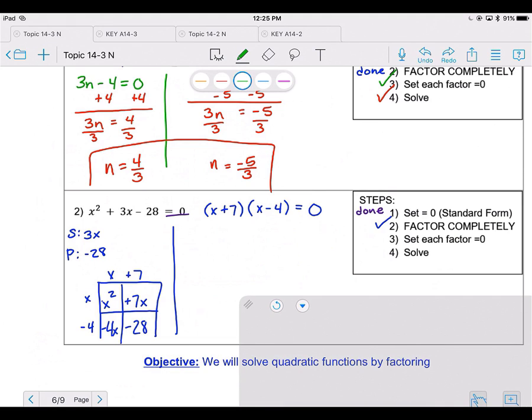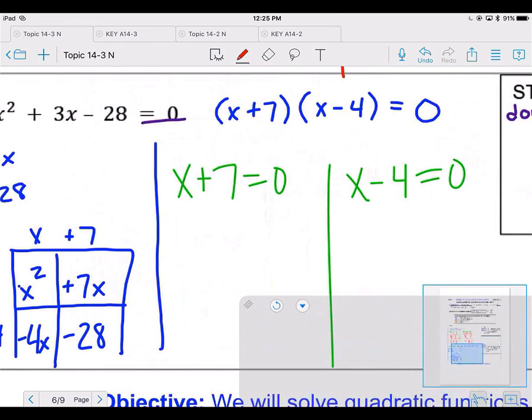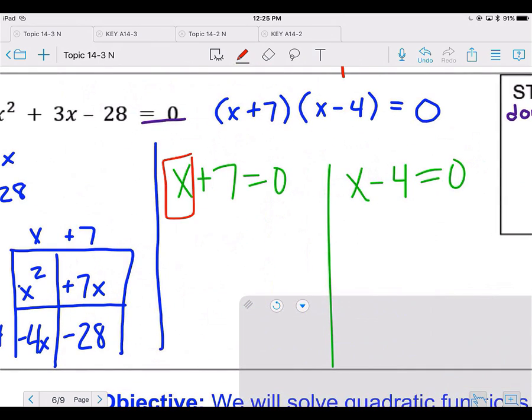The next thing we do is set each factor equal to 0. So I take x plus 7 and set it equal to 0, and x minus 4 and set it equal to 0. From here, I solve both of them separately. So x plus 7 equals 0. I'm solving for x.